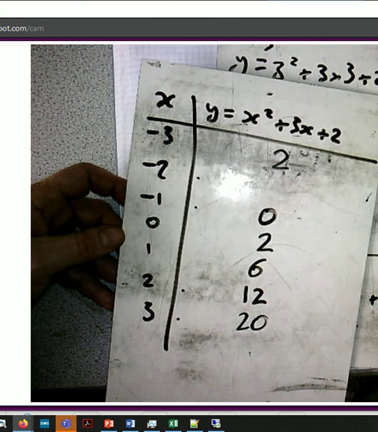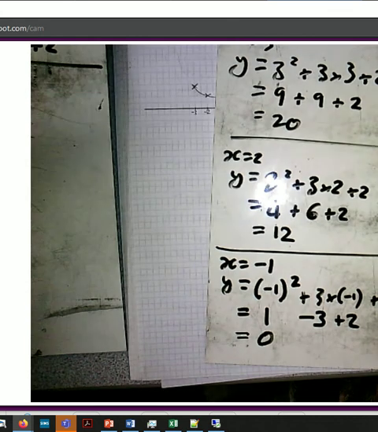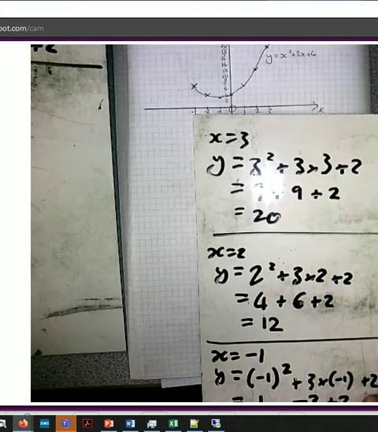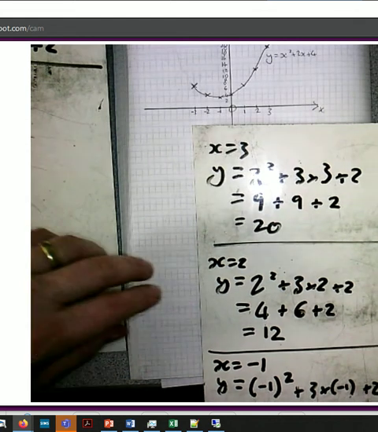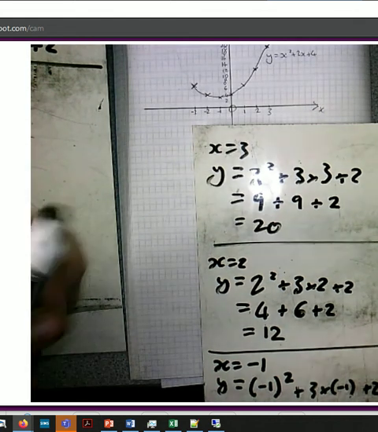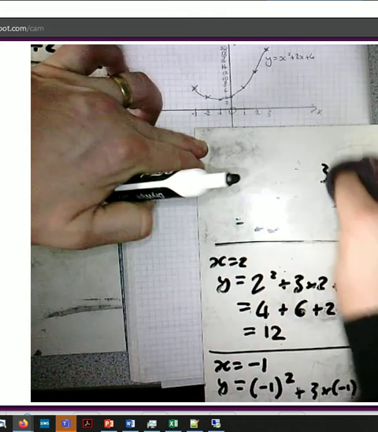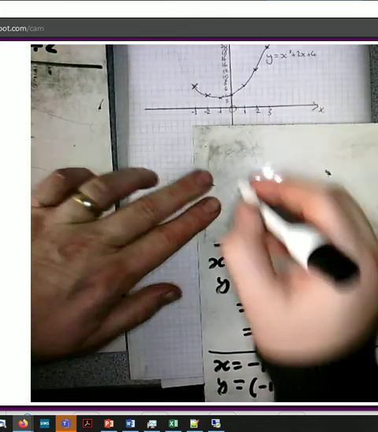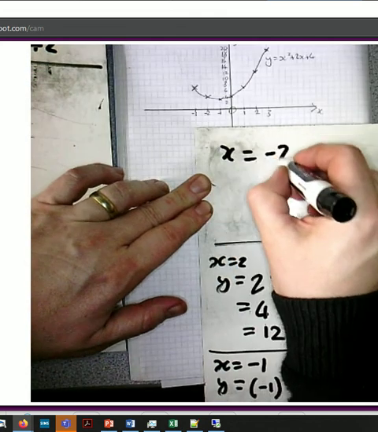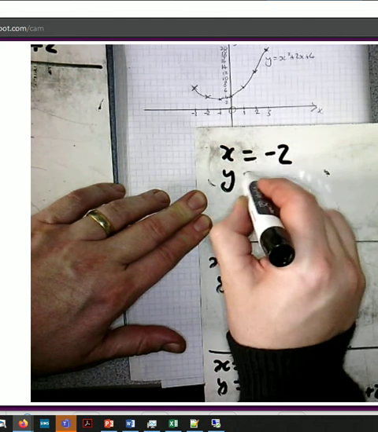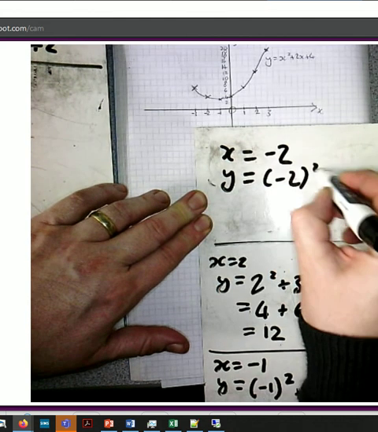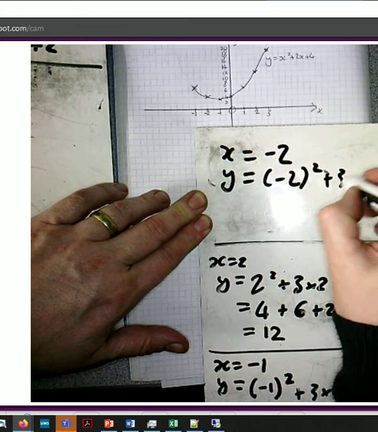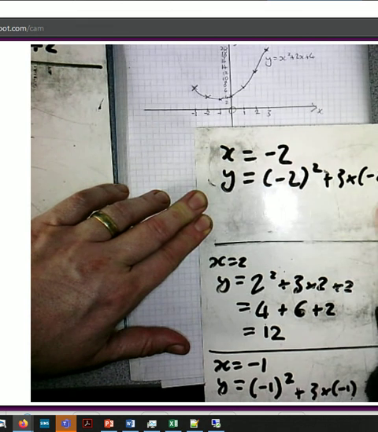And now I'm going to do x is minus 2. Let's do it at the top of this page. X is minus 2, so y is minus 2 squared plus 3 times minus 2 add 2. Oops, went off the side.